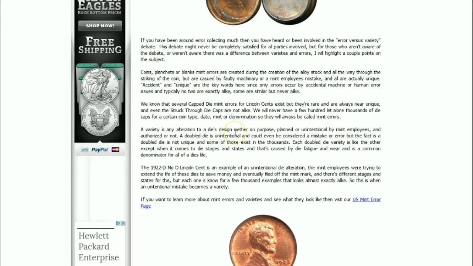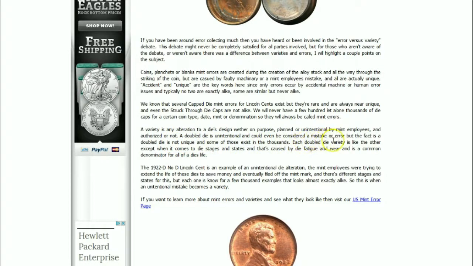We know that for several cap die mint errors, a Lincoln cent exists, but they are rare and always near unique. A variety is any alteration to a die's design, whether on purpose, planned, or unintentional. So varieties can be mistakes as well, but it's usually repeated almost exactly. A double die is unintentional and could even be considered a mistake or error, but the fact is that this double die is not unique, and some of those exist in the thousands.